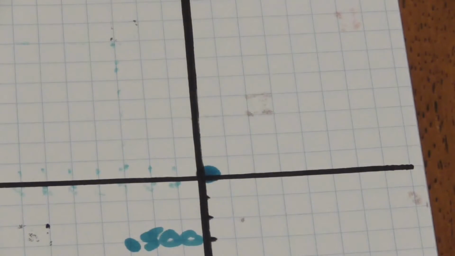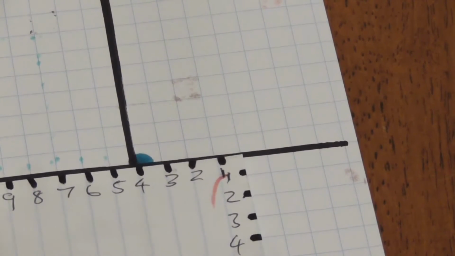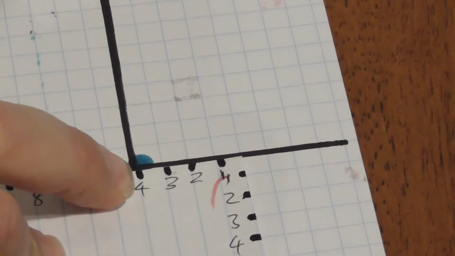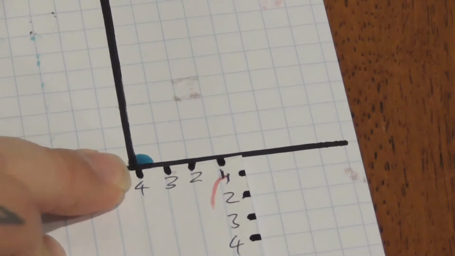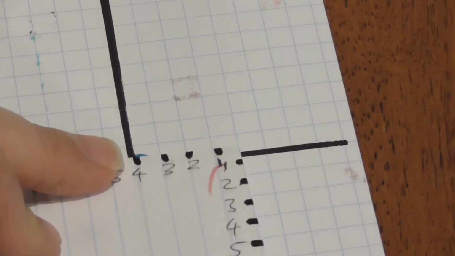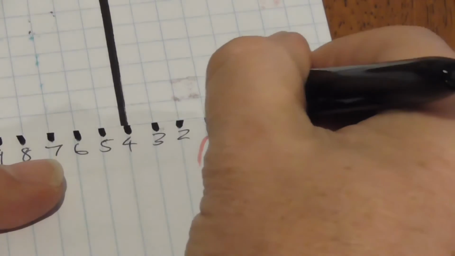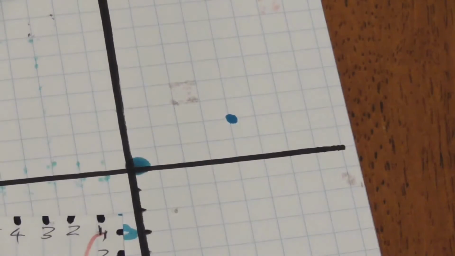So let's do that now. Let's get our roamer. So we go across 4. We've gone across 4. 1, 2, 3, 4. Got our number 4 here. And we go up 2. 1, 2. So we're talking there. Okay, what have we got there?